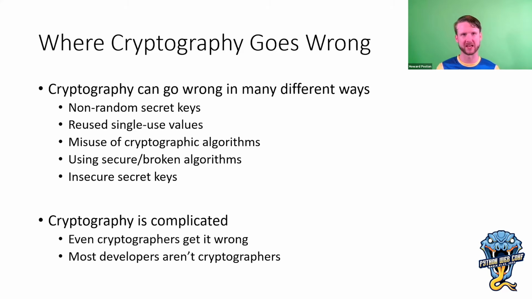Well, the problem is that cryptography can go wrong in a variety of different ways. One common cause is non-random secret keys. So if you've got a private key or secret key in a cryptographic algorithm, it's supposed to remain private or secret. And the best way to do that is to have a completely random value that you keep safe.